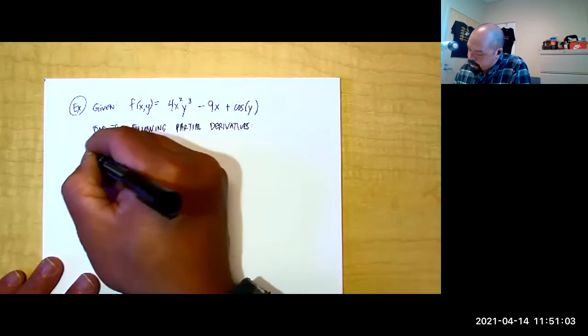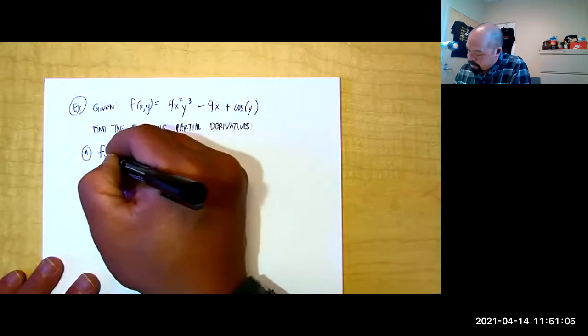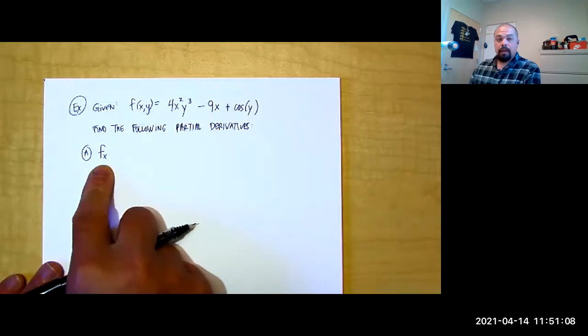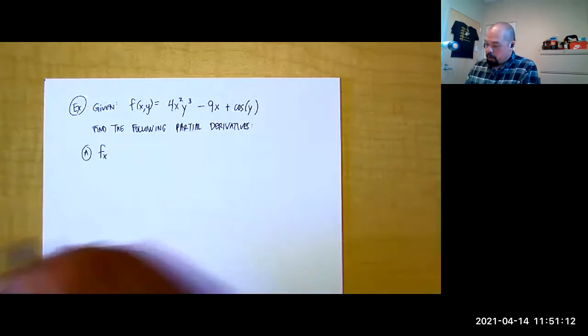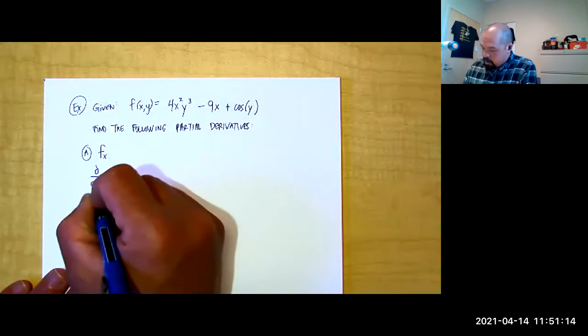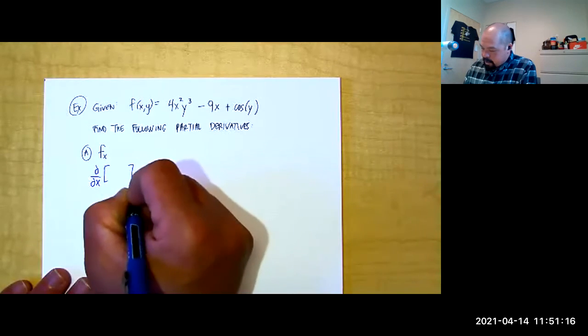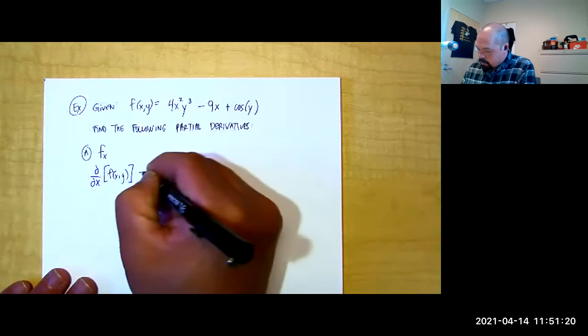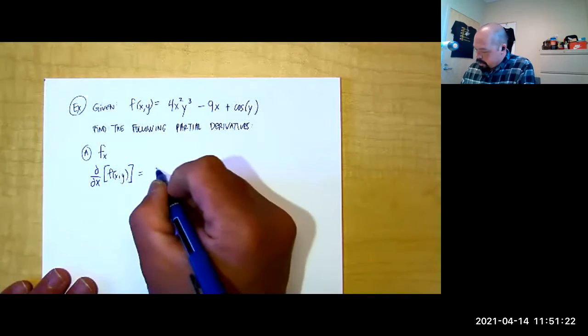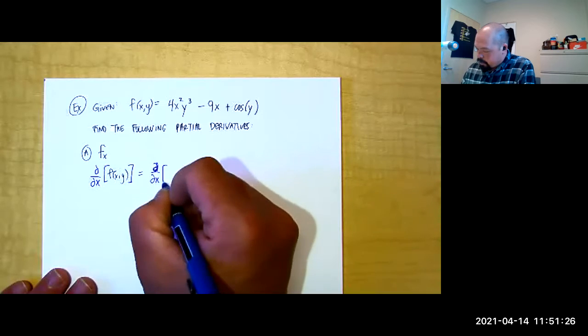All right, so part A, let's look at f sub x, the partial of f with respect to x. So if I'm going to take that partial with respect to x for my function, sorry, curly d, not regular d.